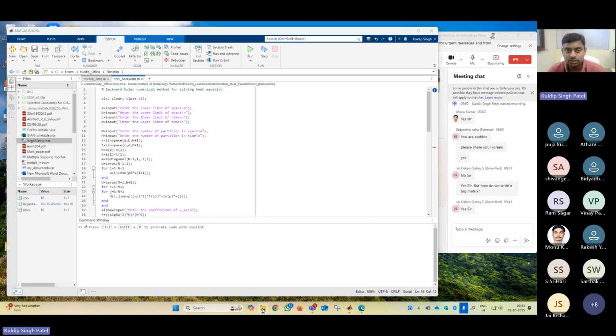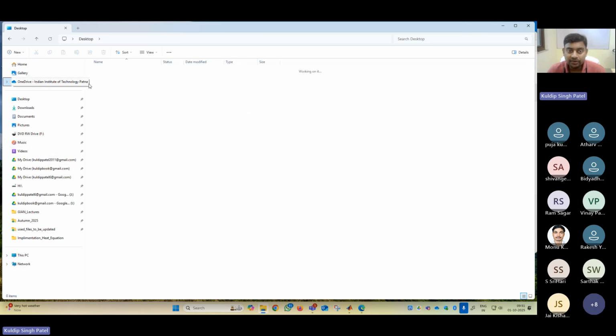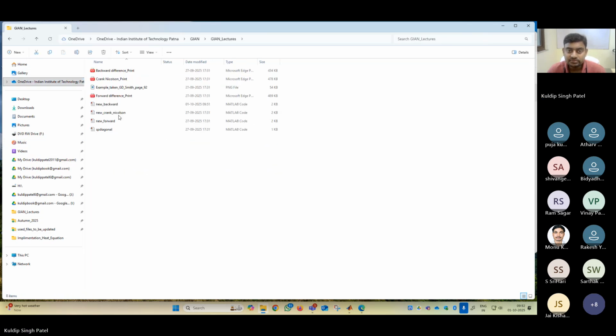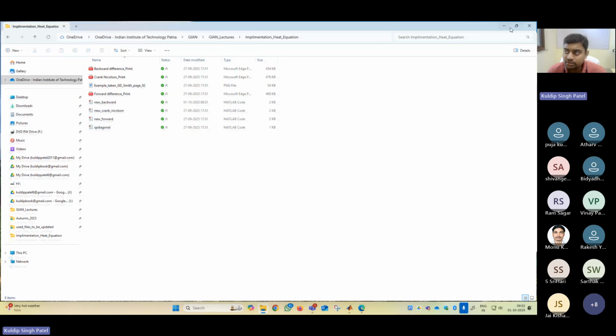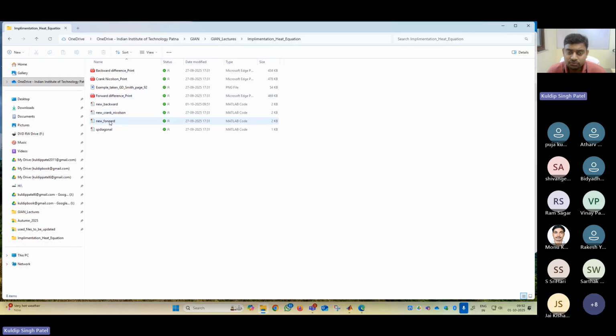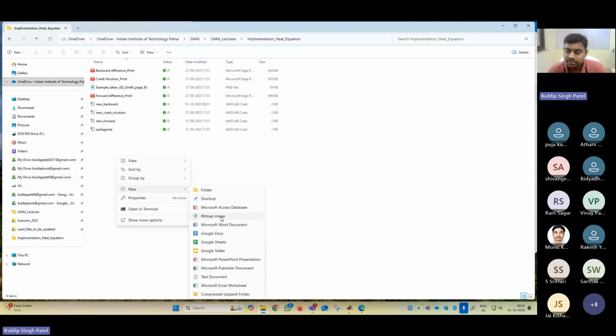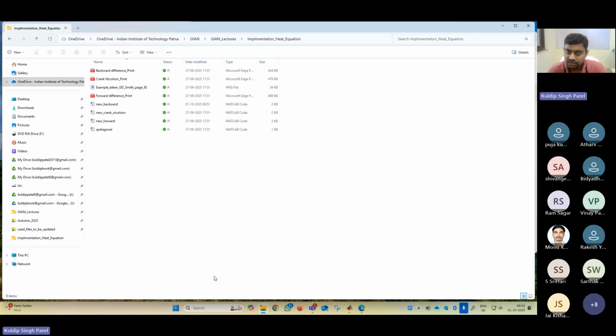Suppose I have written so many files here, but later on I may get confused about which file gives what. So we create a simple text file, and we call it readme.